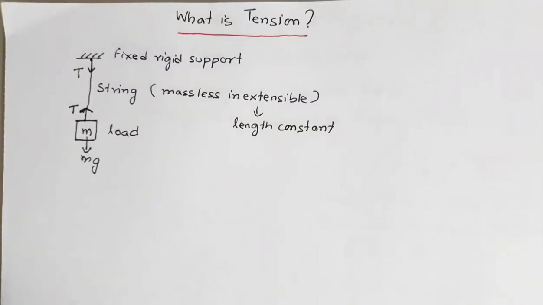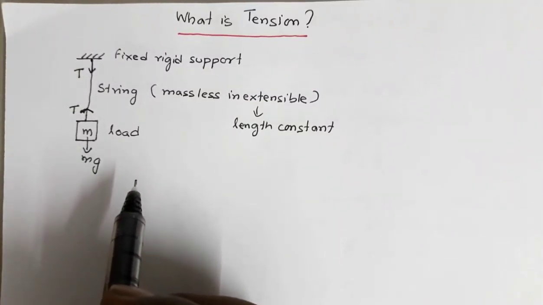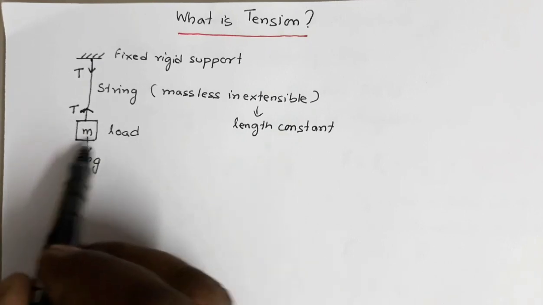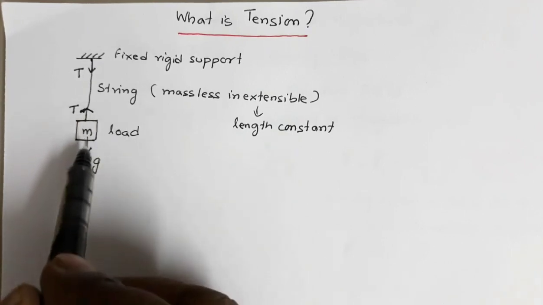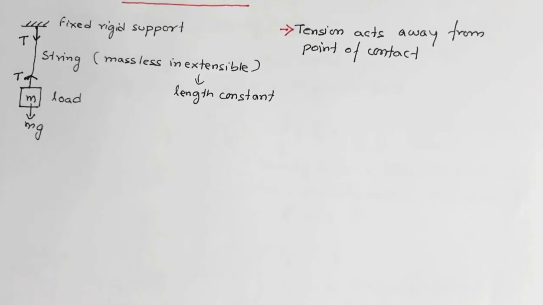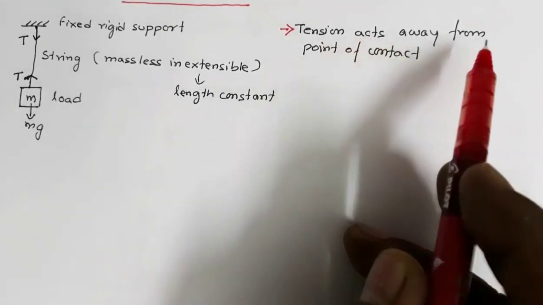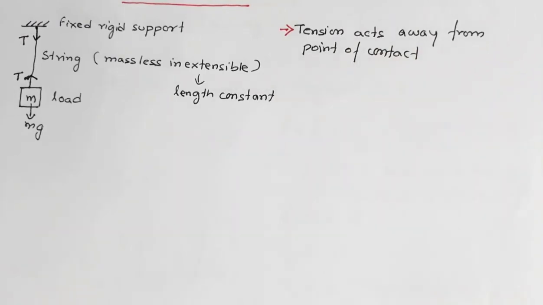So force of tension always acts on a body in a direction away from the body. This is our first observation: tension acts away from the point of contact.